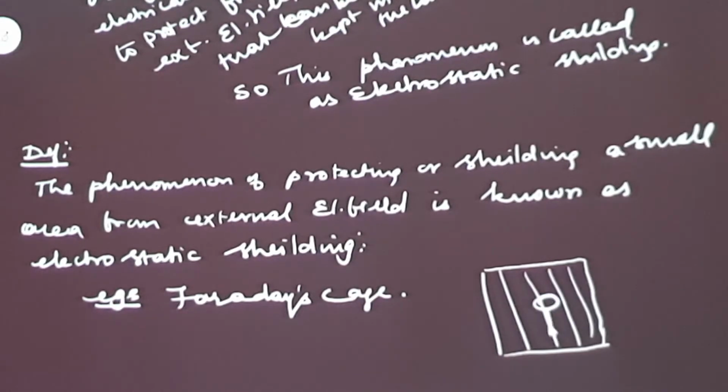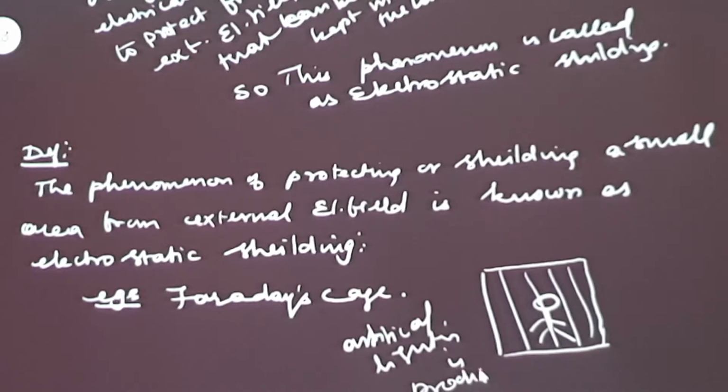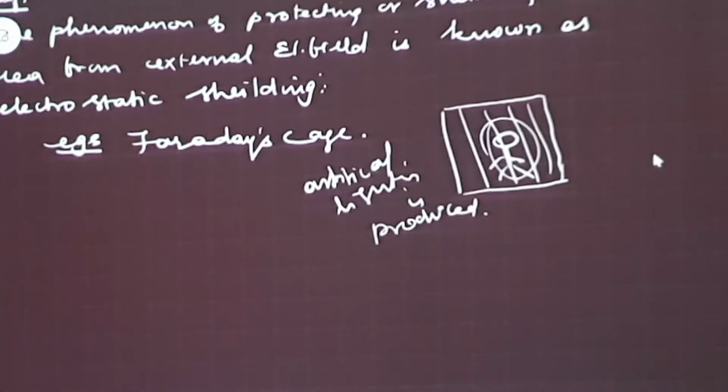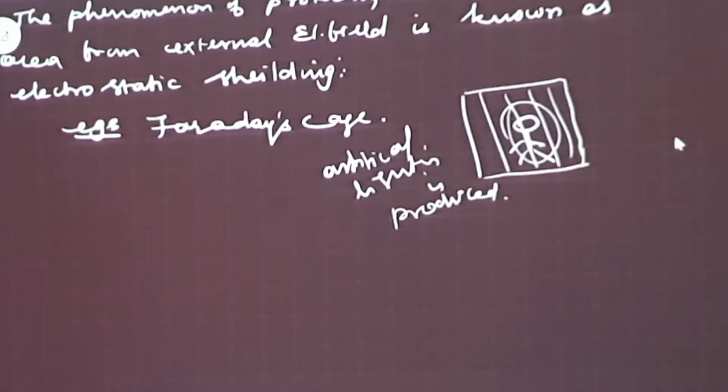Let us consider a person placed inside this metal cage. Artificial lightning is produced. It was found that the man inside the cage is not affected. This is one example.